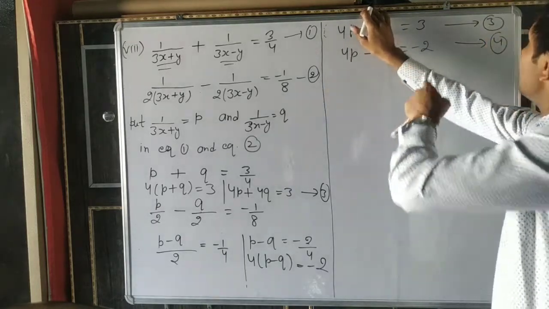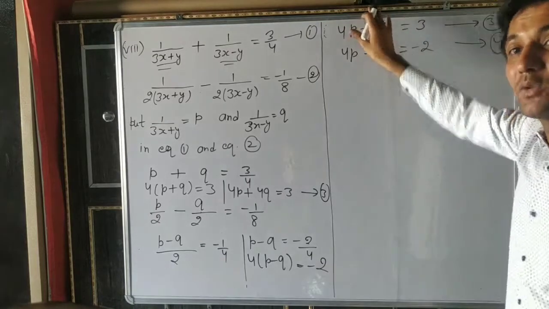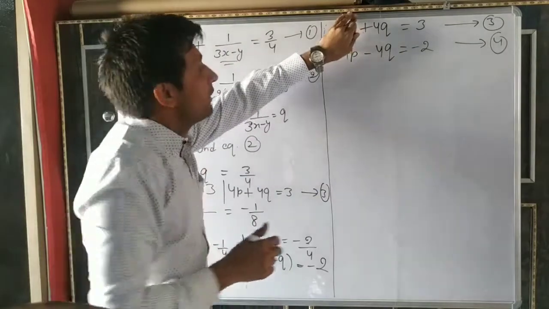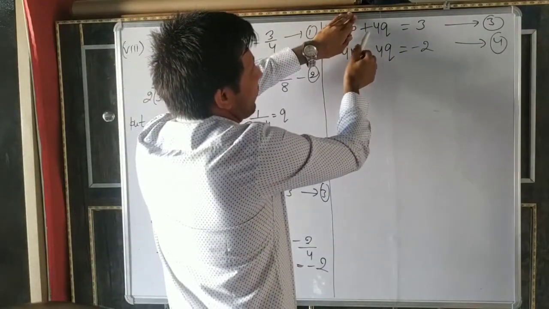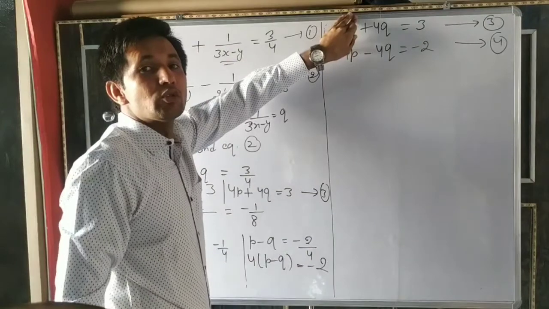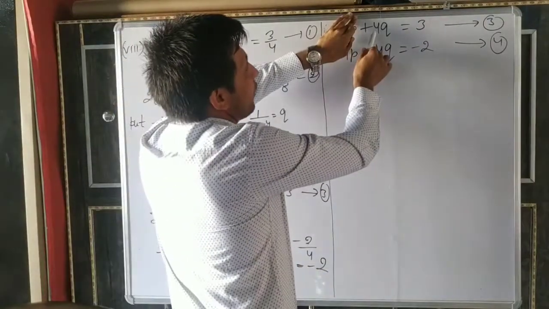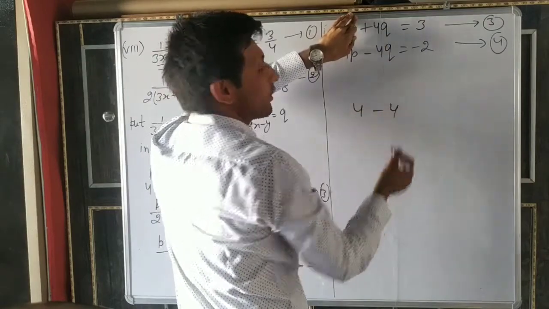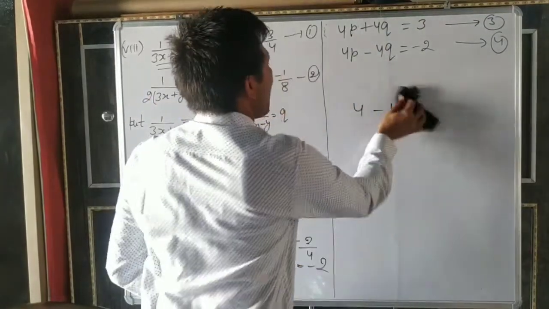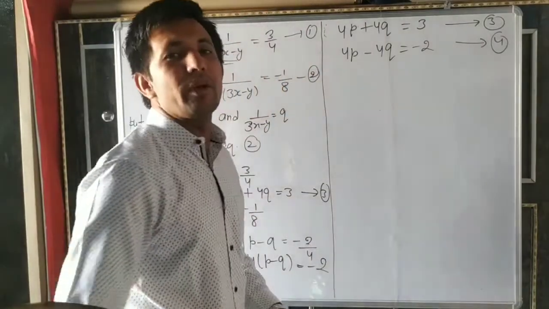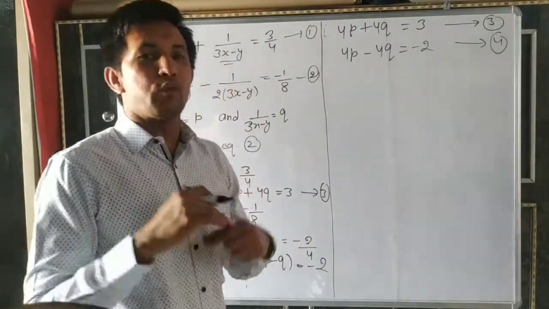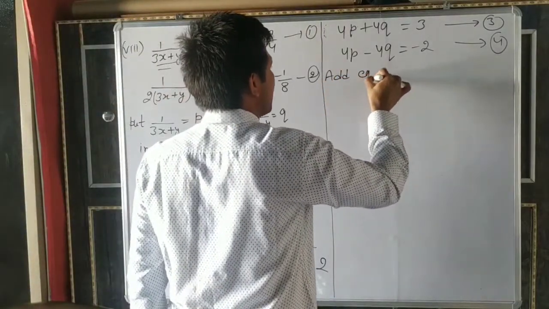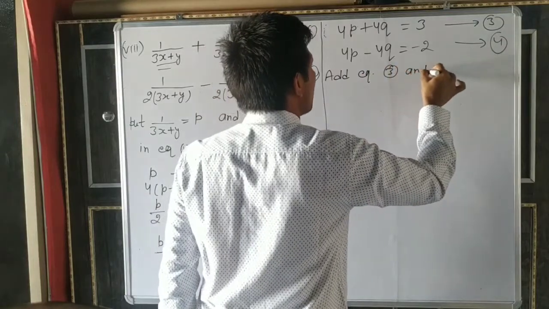It means we should subtract equation 3 and 4. But we observe that the coefficient of q is also equal, but one is positive and one is negative. So it means if we add, 4 positive, 4 minus, 4 gives 0. So either you can write subtract equation 3 from 4, or you can add equations 3 and 4.